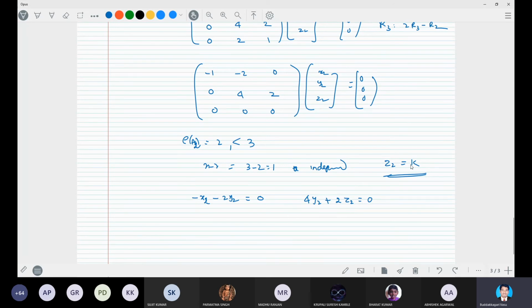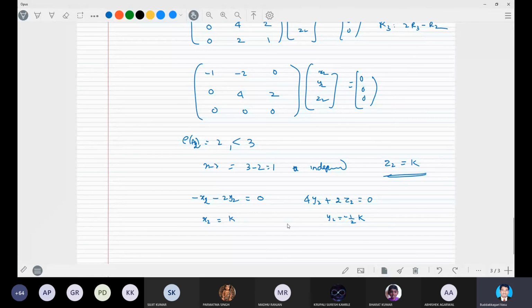So if z2 is equal to k, then y2 is equal to minus 1 by 2 into k, right? Then x2 is equal to minus 2y2, and minus 2y2 means k, right?